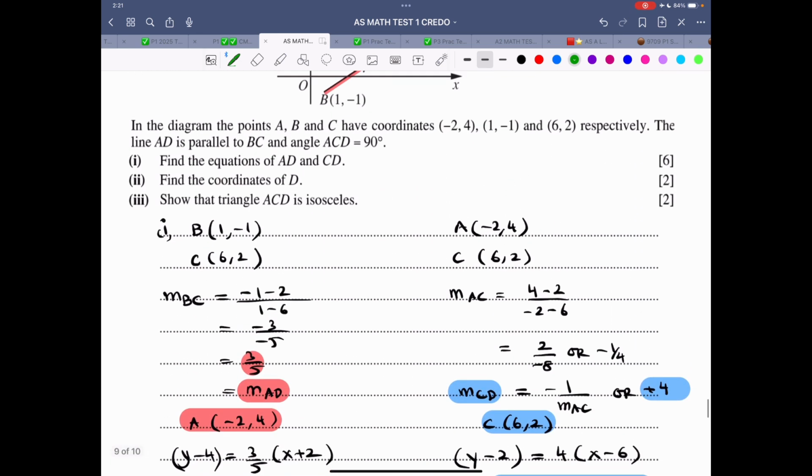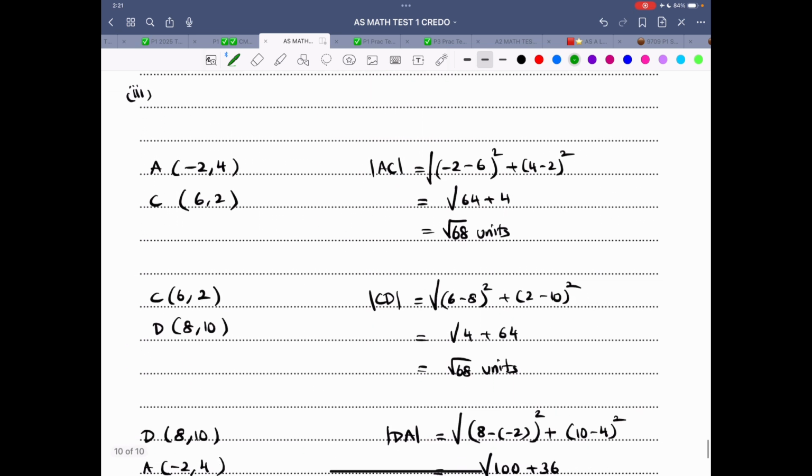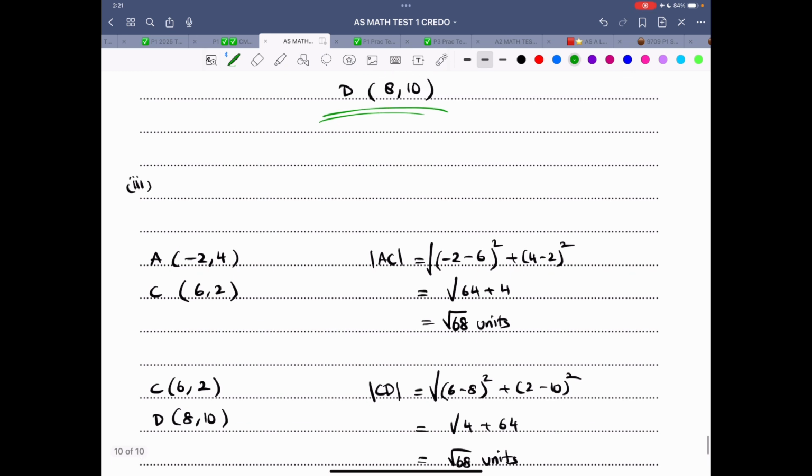Is that what they're asking? Yes. Show that the triangle is isosceles. Which triangle? ACD. Let me write triangle ACD. I have to prove that it is isosceles, meaning two sides are equal in length.